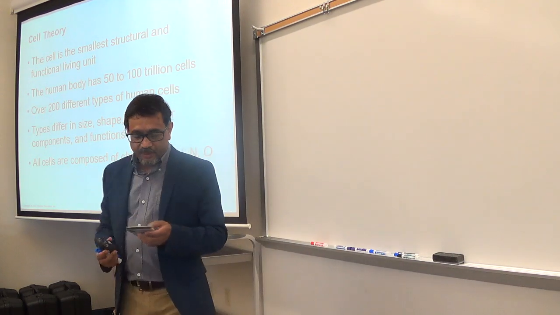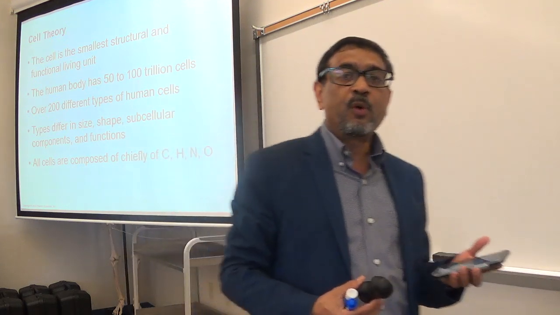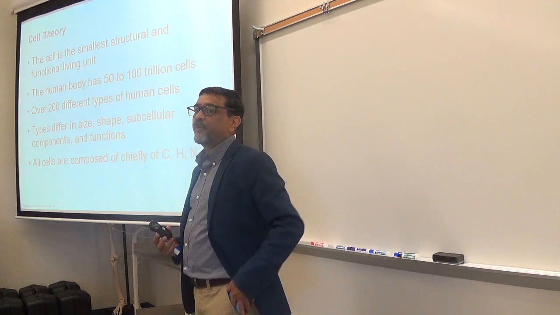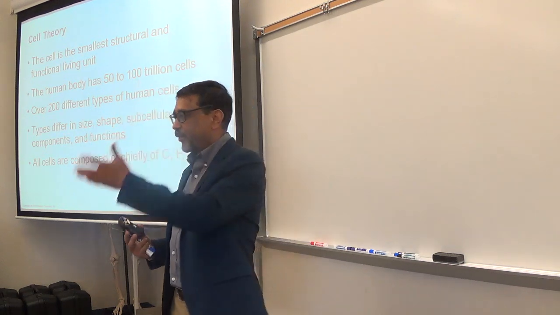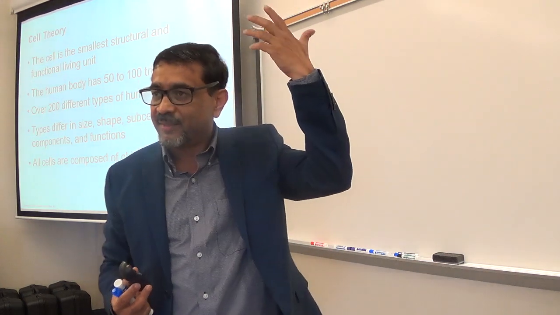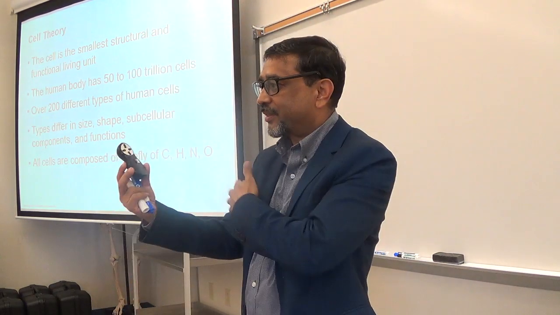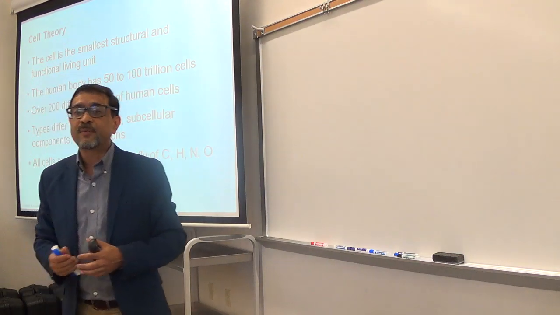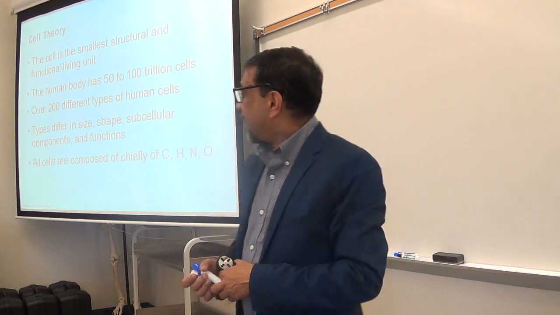Now, in human body, there are more than 200 different types of cells. Example, red blood cells, right? White blood cells. You have neuron, the brain cells, right? Or neural tissue cells, muscle cells. So there are how many? More than 200 different types of cells. How are they different?